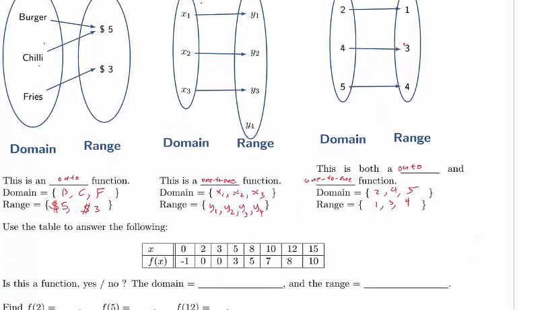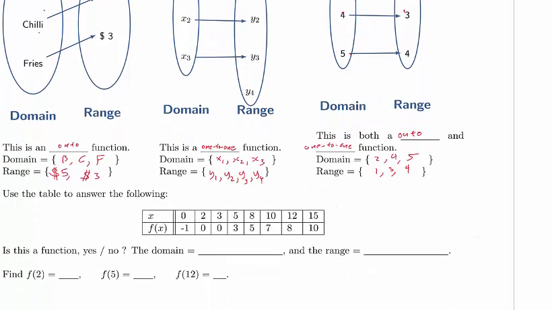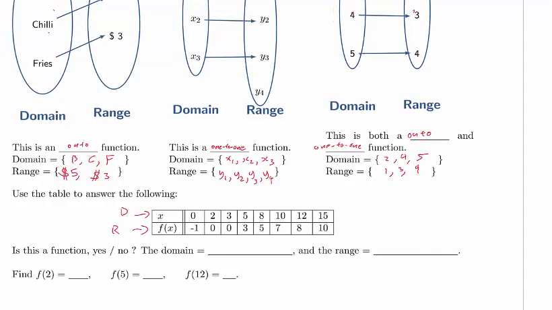All right, down over here, the next one we have a table. Note for this is a domain. I'm just going to use a capital D for domain, and then a capital R for range, right? We got the domain and then the range just like this. So we want to know first, is this a function? Well, so first off, for it to be a function, remember it's got to have that predictive quality, right?